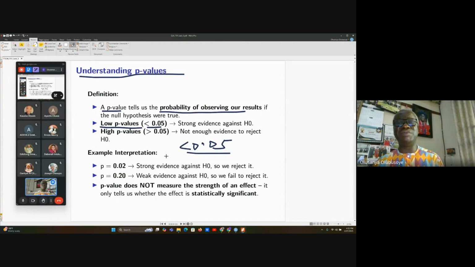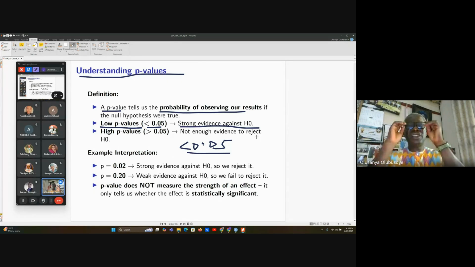The smaller this value, the stronger the evidence we have against the null hypothesis. So you can see how they are connected.